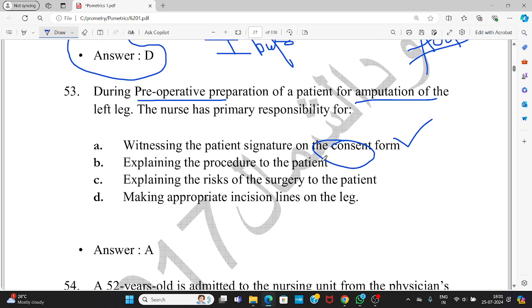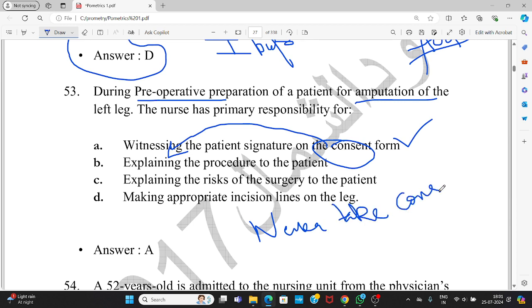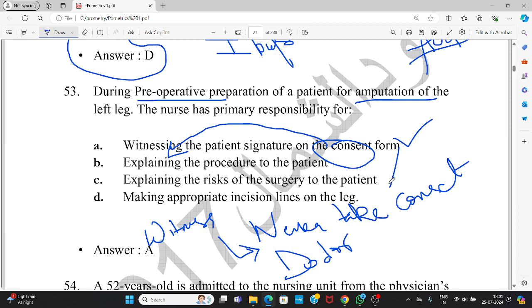The nurse always witnesses. The nurse will never take consent. The nurse will only witness the consent. Who takes the consent? The doctor takes the consent. It is never the nurse.